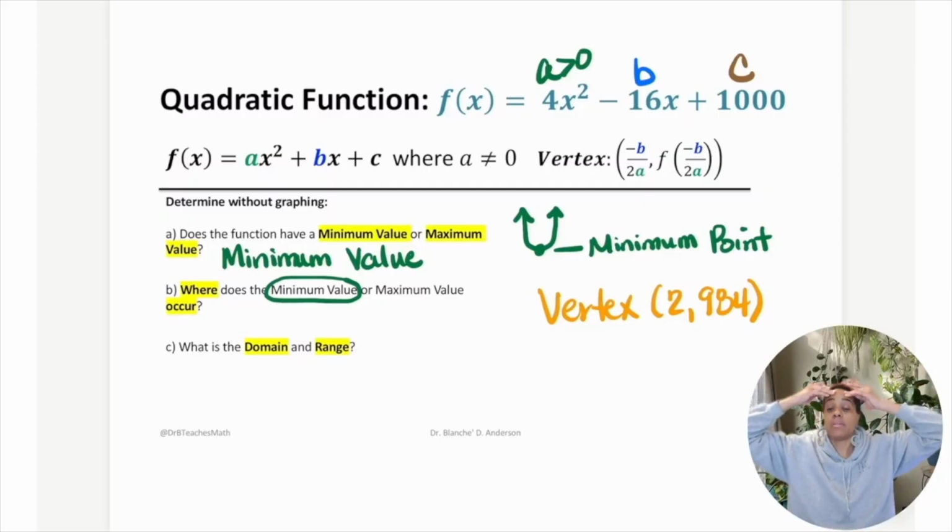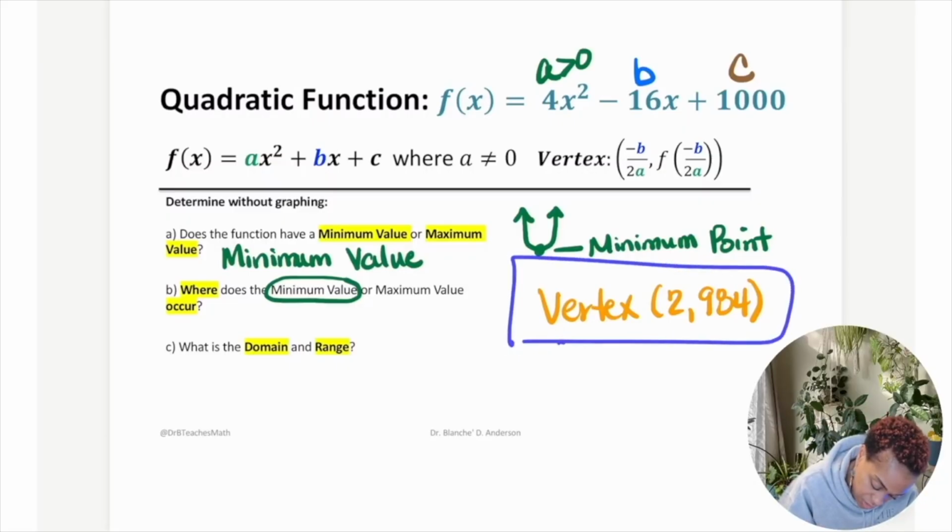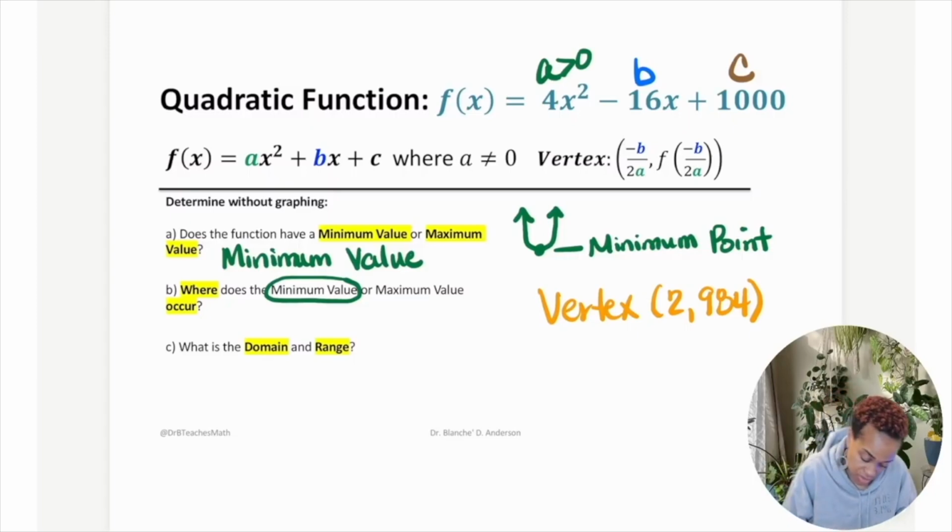But where does the graph start? This is our vertex. Our vertex is the lowest point, right? So where does the minimum value, does the function have a minimum value? Yes, it has a minimum value of 984.